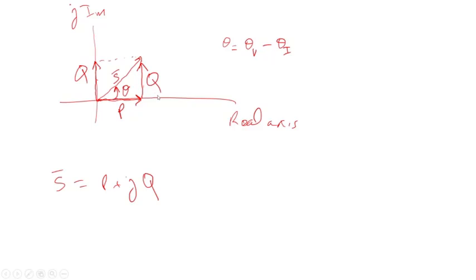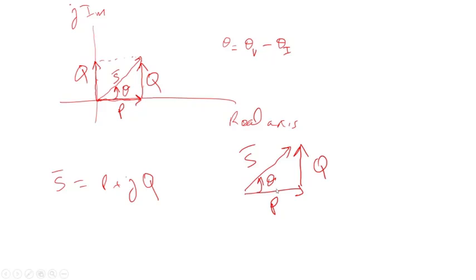So instead of dealing with the axes, we just write P, Q. So you see I'm not changing anything. And we write S and the power factor angle.